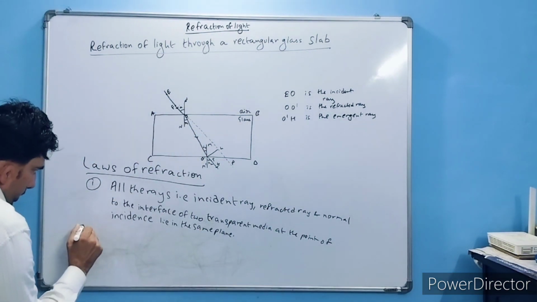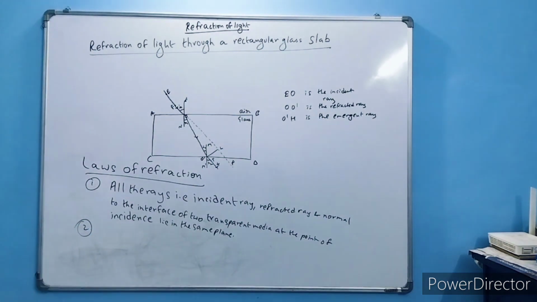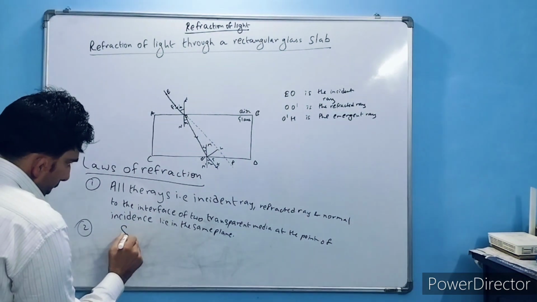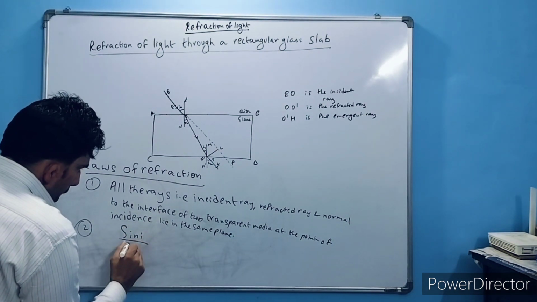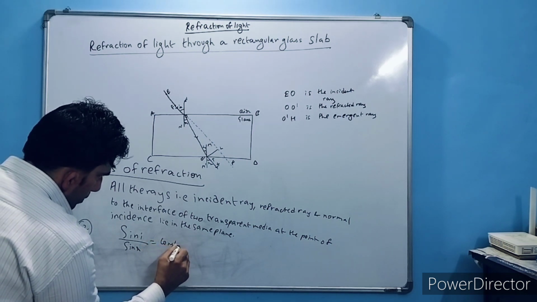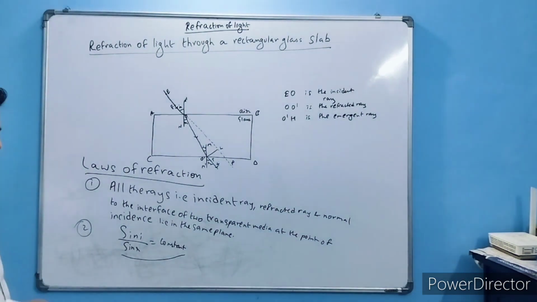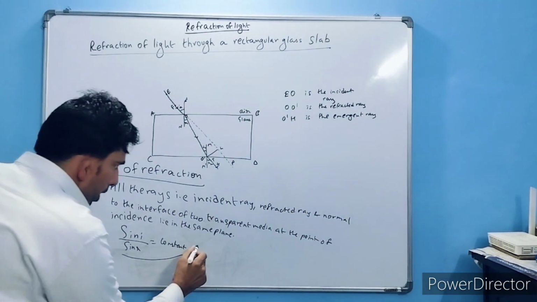Now the second law is, if I write it mathematically, it will be like this: sin i upon sin r is equal to a constant. That law is called Snell's law of refraction.